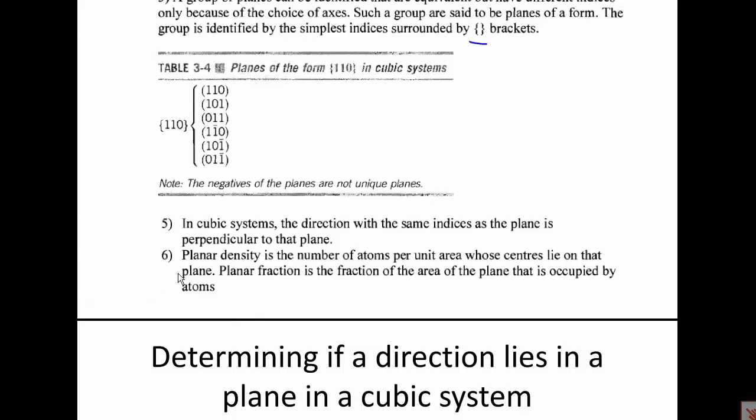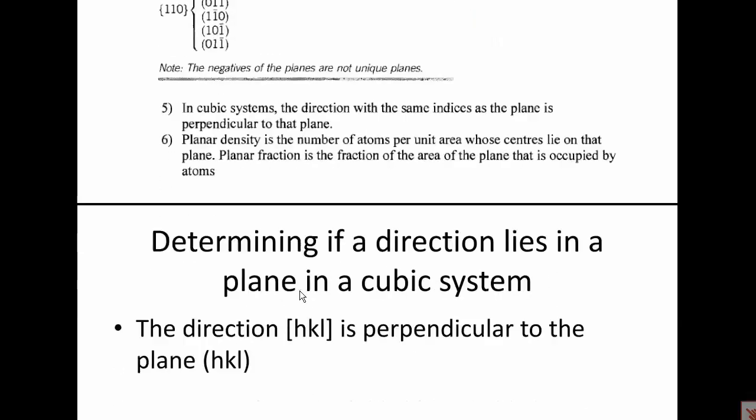And here is the characteristic of planes. We can calculate planar density, the number of atoms per unit area whose centers lie on that plane, and planar fraction, which is the fraction of the area of the plane that is occupied by atoms.